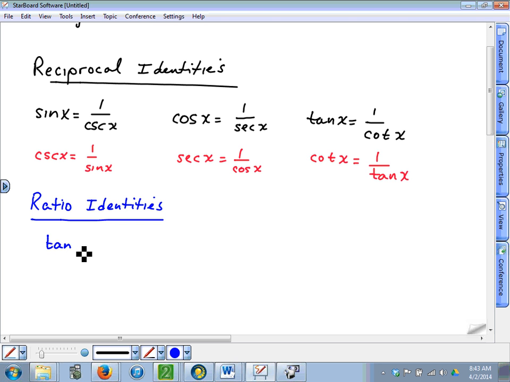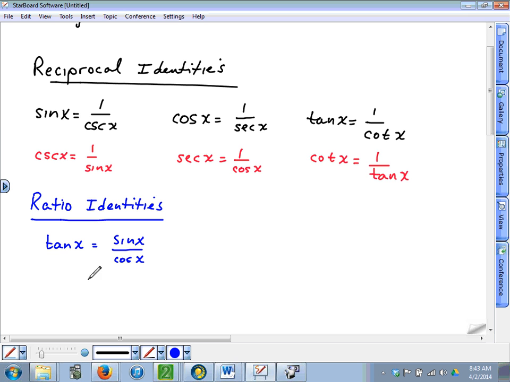You use these ones really often. The tangent of x is equal to sine of x over cosine of x. You use this one quite a bit in this lesson in particular.